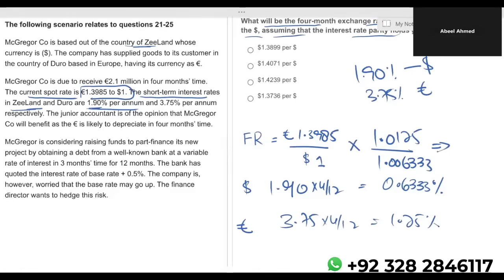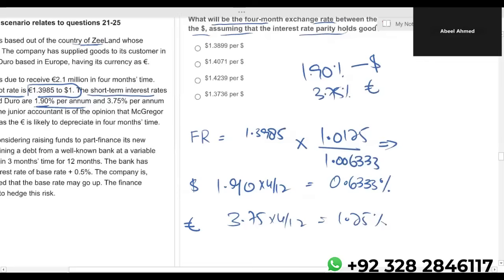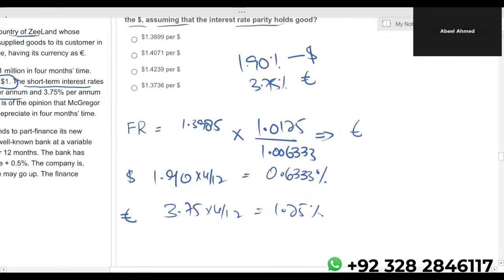So now simply multiply 1.3985 with 1.0125 divided by 1.00633. Students, logically I'm getting euro 1.40707 per dollar 1.